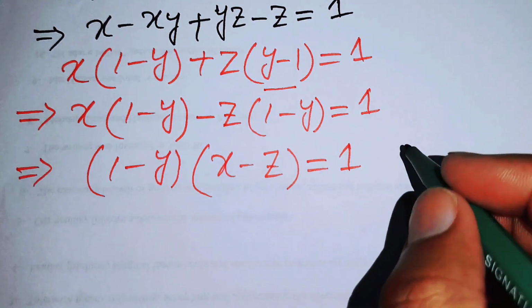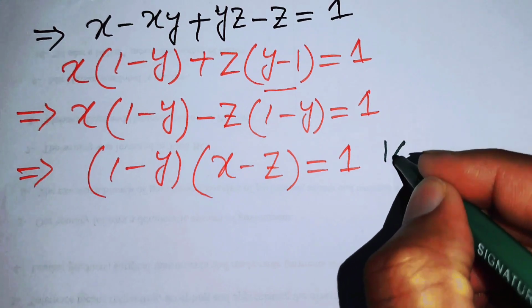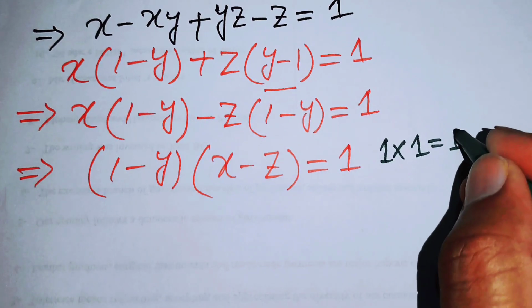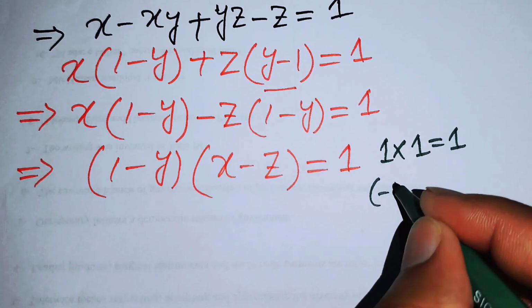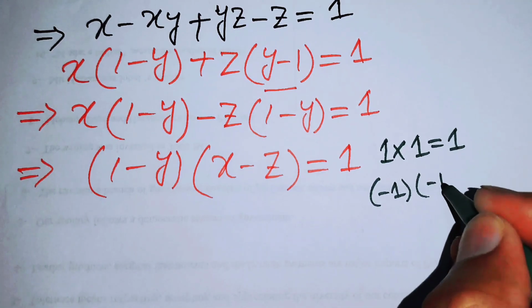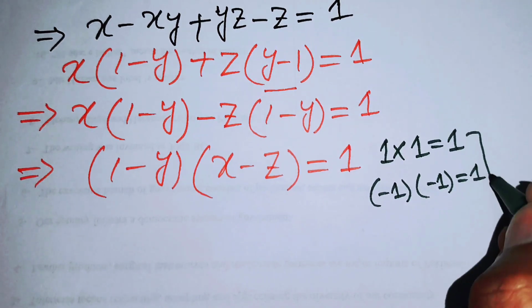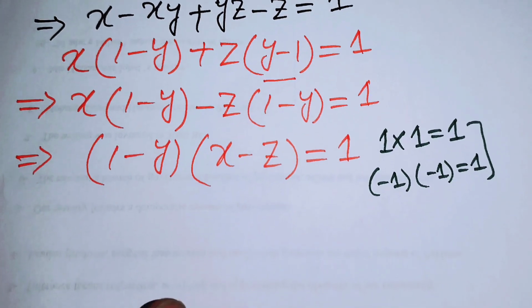So we have two cases. The first case is, if you multiply 1 by 1 then you get 1, and if you multiply minus 1 by minus 1 then again you get plus 1. So here we have these two cases.